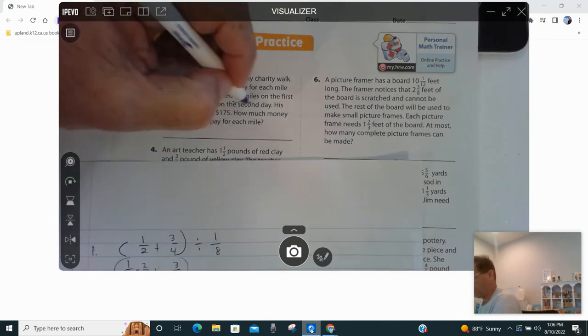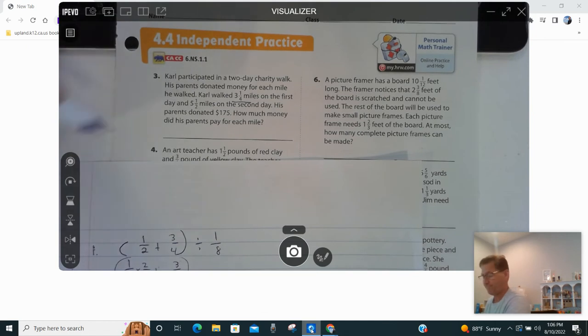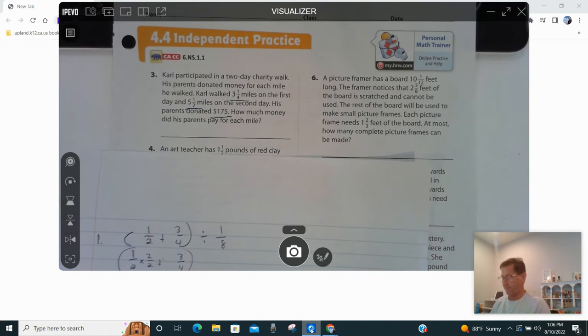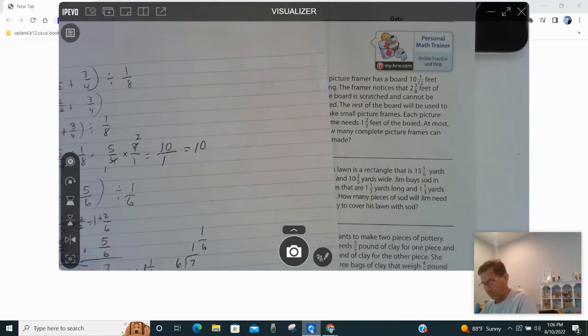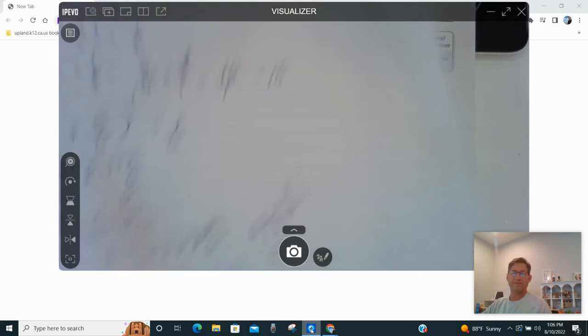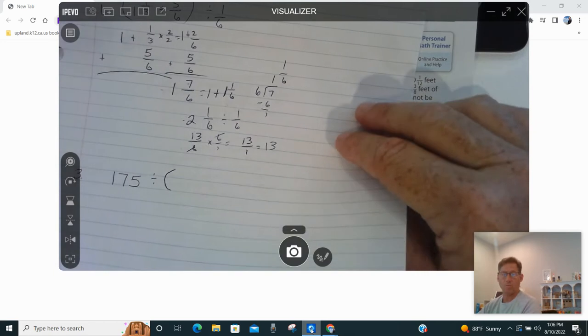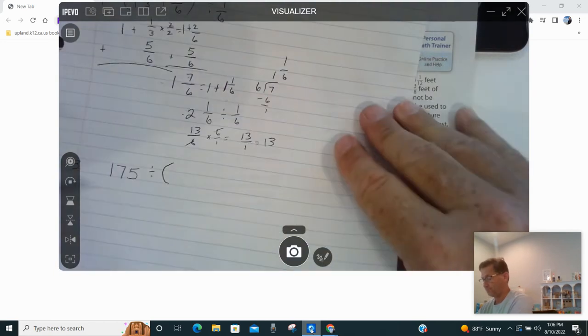Okay, so we know he went 3 1/4 miles on the first day, 5 1/2 the second, and he received a total of $175. So we're going to be sharing this $175 amongst the total miles Carl walked.